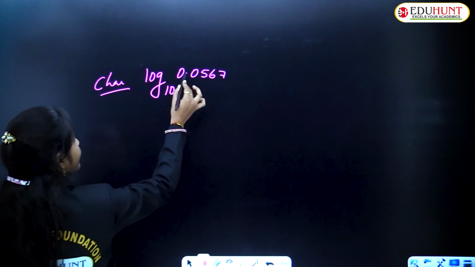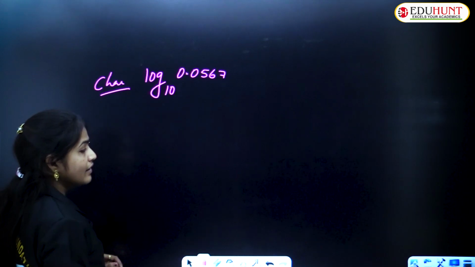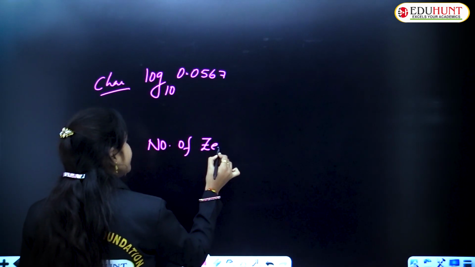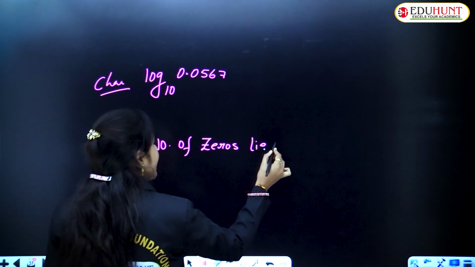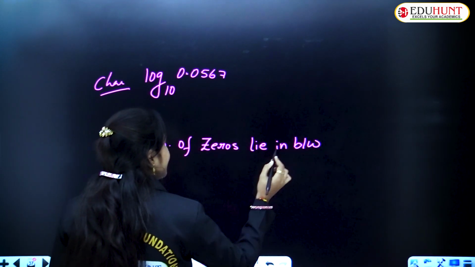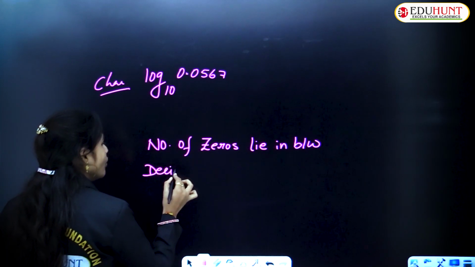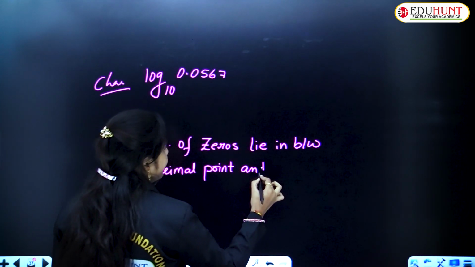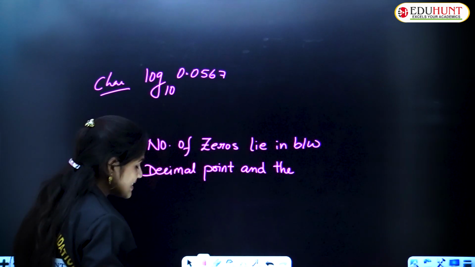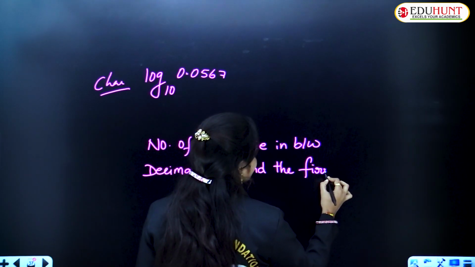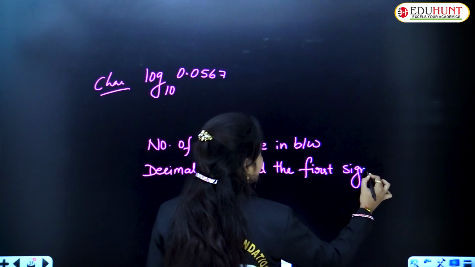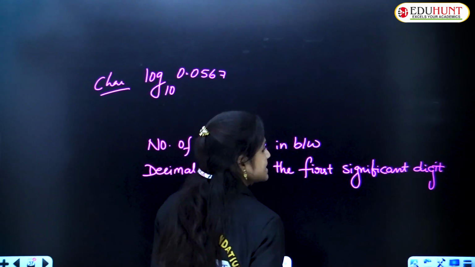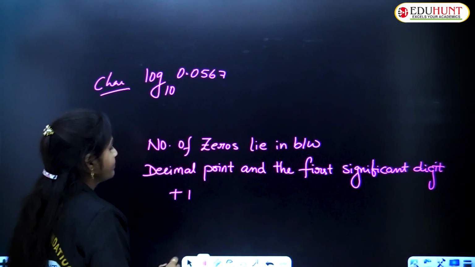Here we have to check the number of zeros lying in between the decimal point and the first significant digit, plus 1, whole bar.